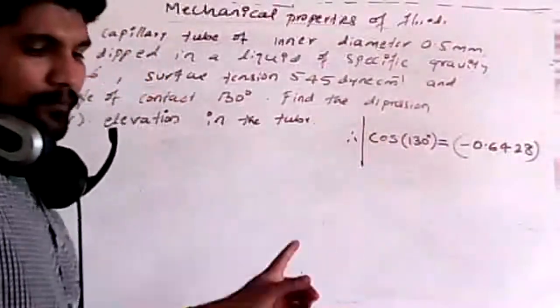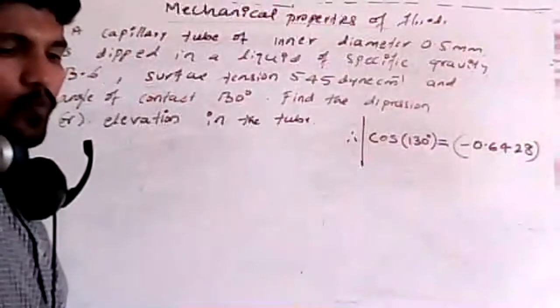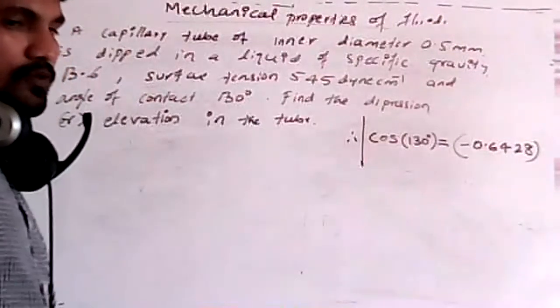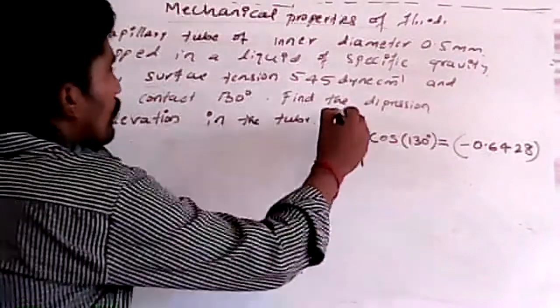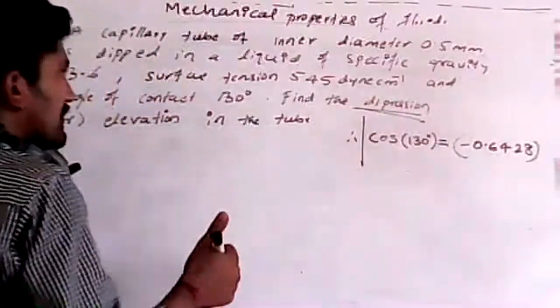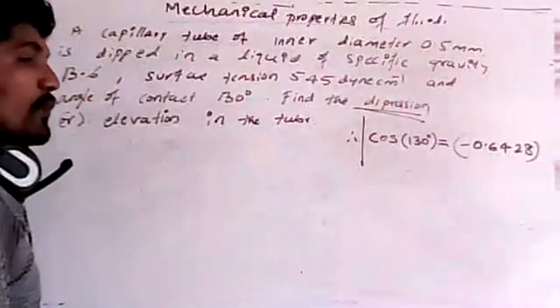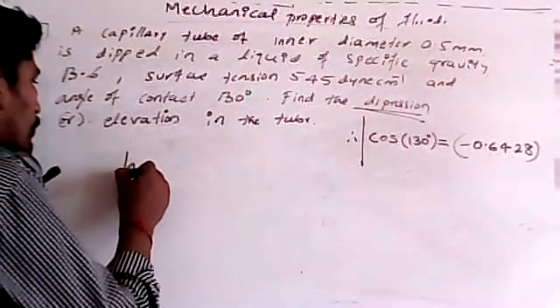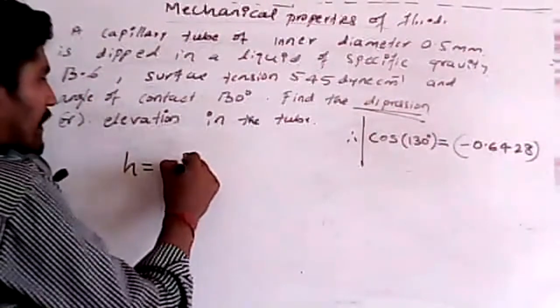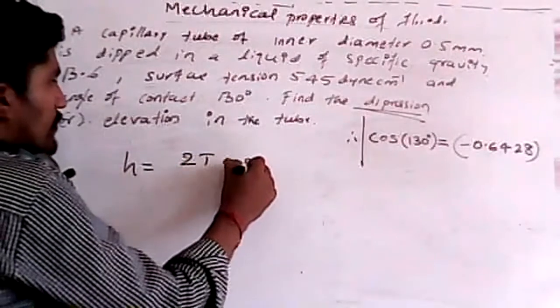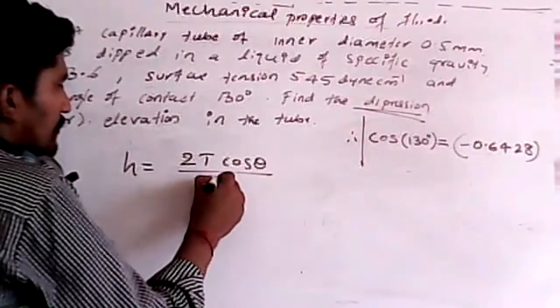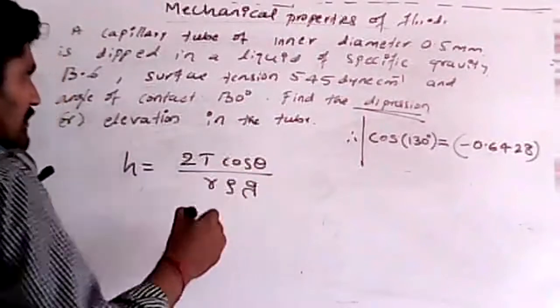Okay, now you just tell me what is your answer for h. Then you have to tell me whether it is rising or falling down. We don't know that; we can conclude only by using calculation. You can't say simply like this.